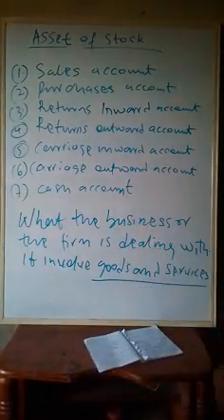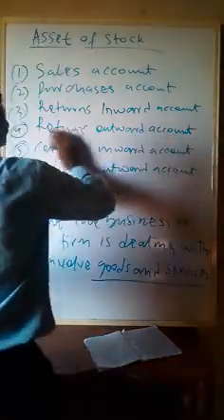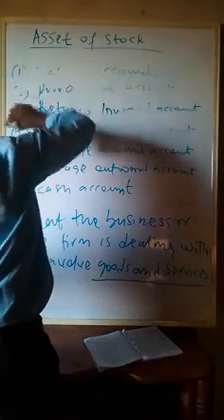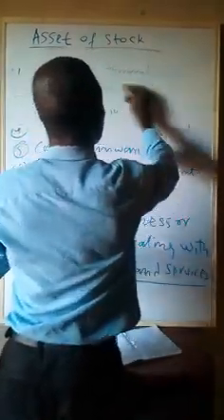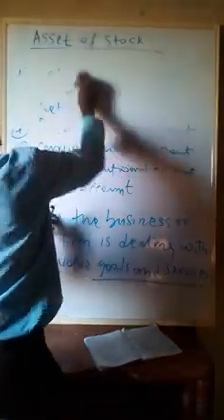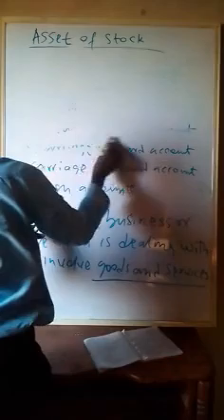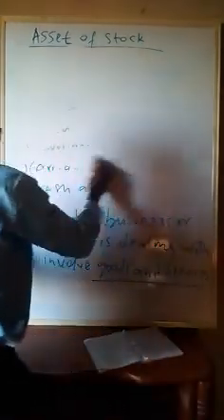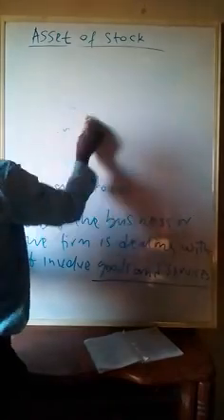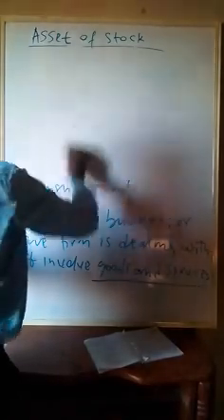So today also we want to cover the movement of stock. What can cause movement of stock? When we talk about movement of stock, that is the increase or decrease in stock, and it can be due to two reasons. When stock increases, it can be due to two reasons.